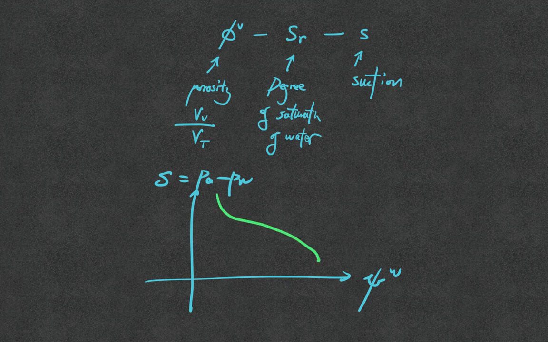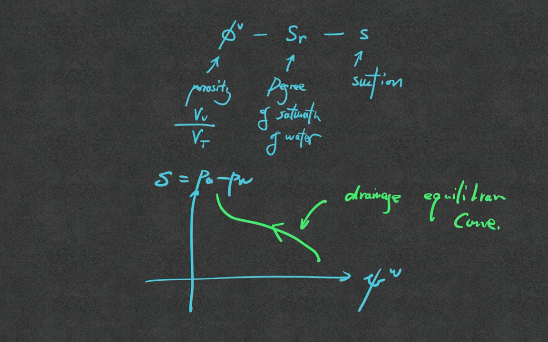There is a particular name for it. It's called the drainage equilibrium curve.